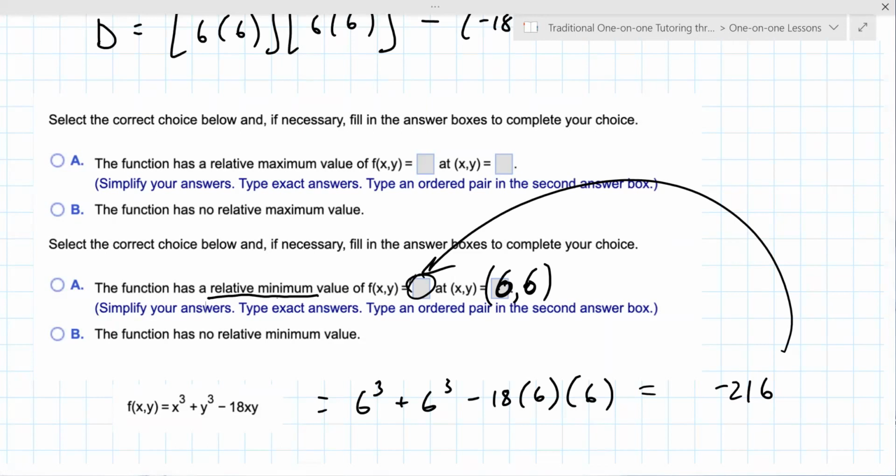And then you just leave the upper part blank. You have to first choose one of these. There is no relative max. The other point was a saddle. Yeah, I can now understand what you're asking. Now hopefully it's very clear.